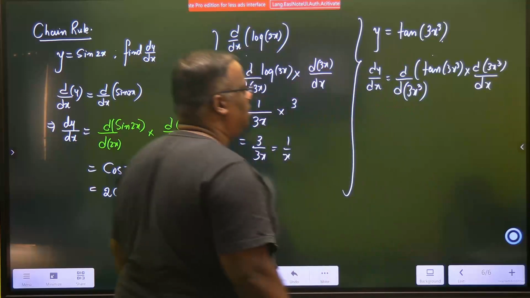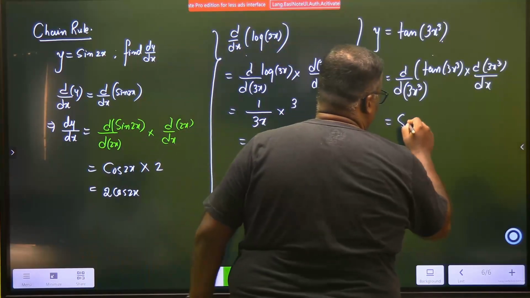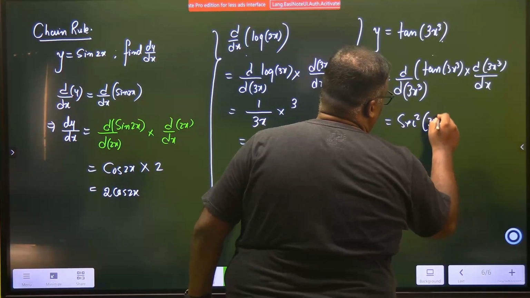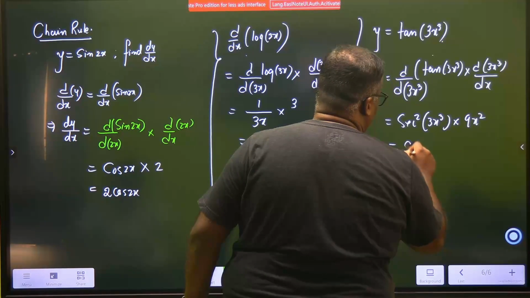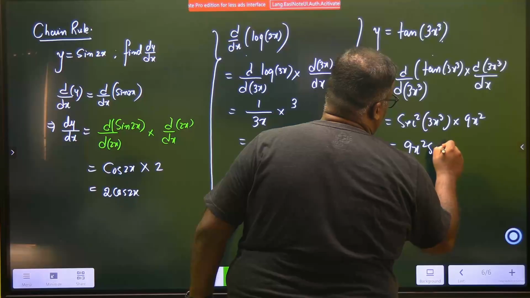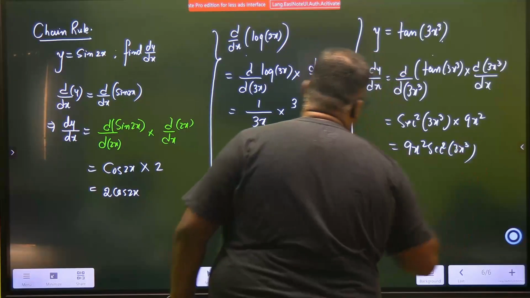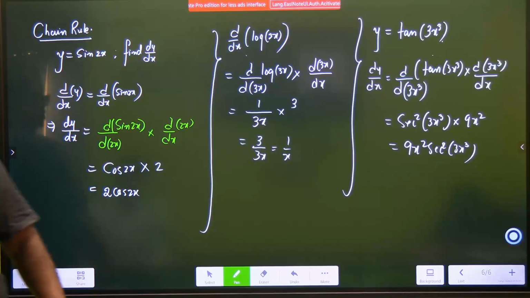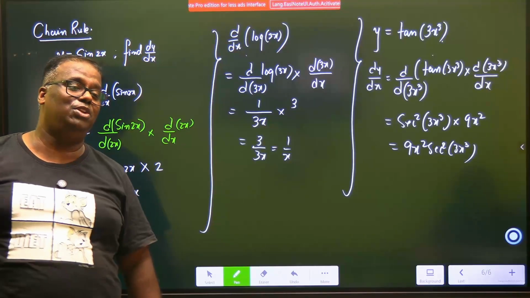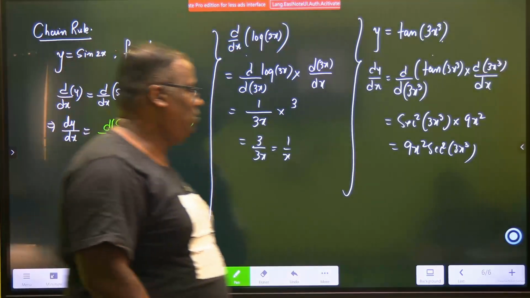The job was done. So this becomes sec square 3x cube into 9x square. Final answer: 9x square sec square 3x cube. Pretty easy. But for this, formulas have to be on your mouth. Shall we do one more?